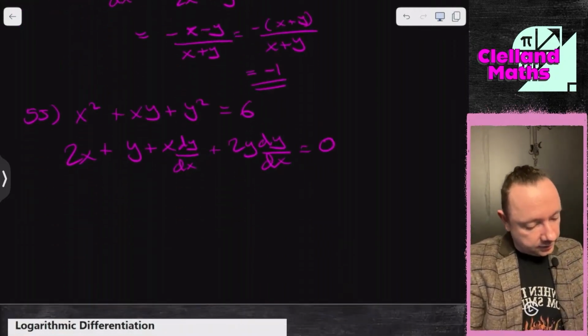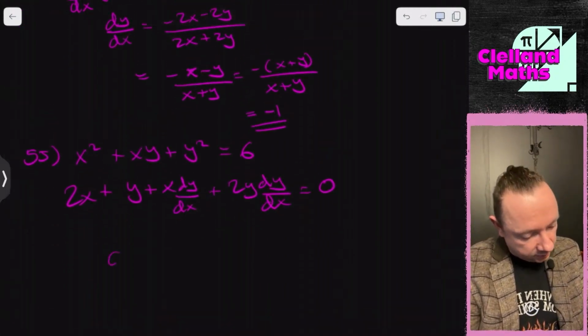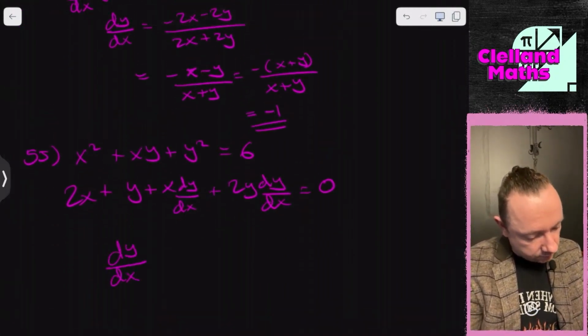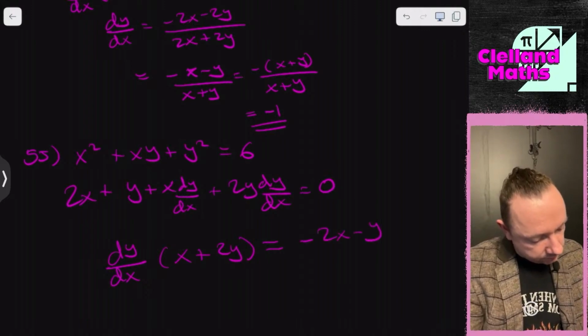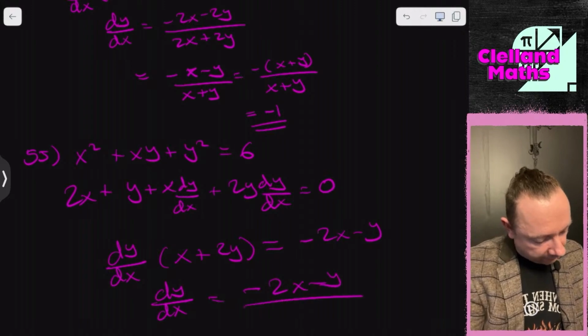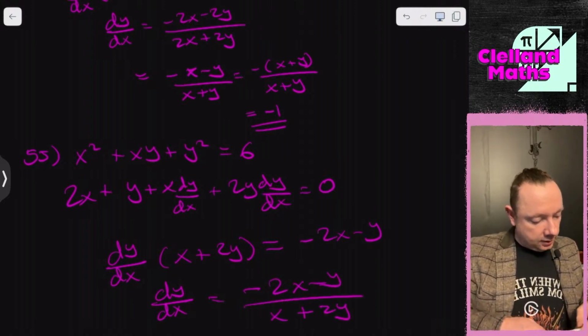So then we can take dy by dx as a common factor: x plus 2y equals, and then minus 2x minus y. So dy by dx is minus 2x minus y over x plus 2y. I'll leave that one there.